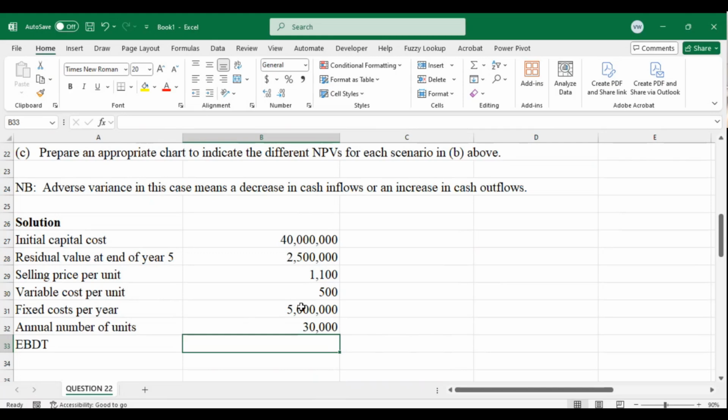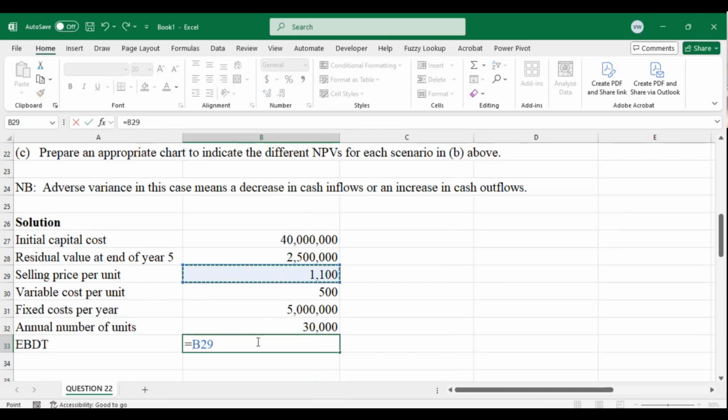So now that we have that, we can get our earnings, because we know that if I take the selling price minus the variable cost, I can get the unit contribution. So let me open a bracket. I take the unit selling price. Let me use brackets so that it becomes easy for us to work.